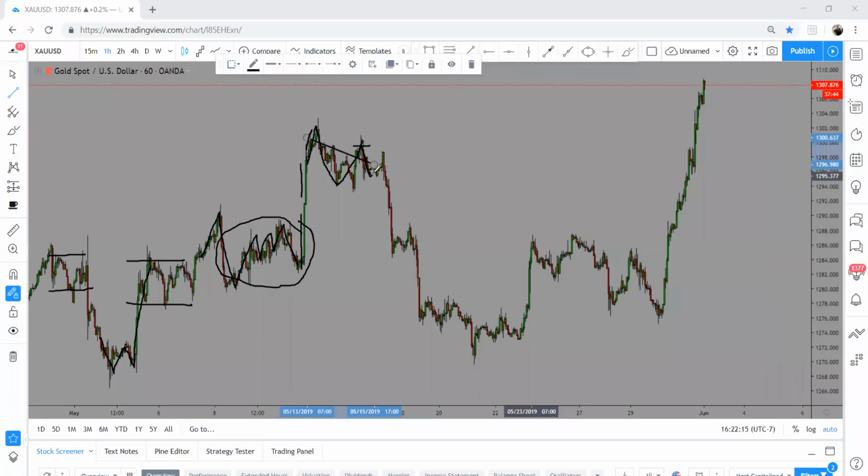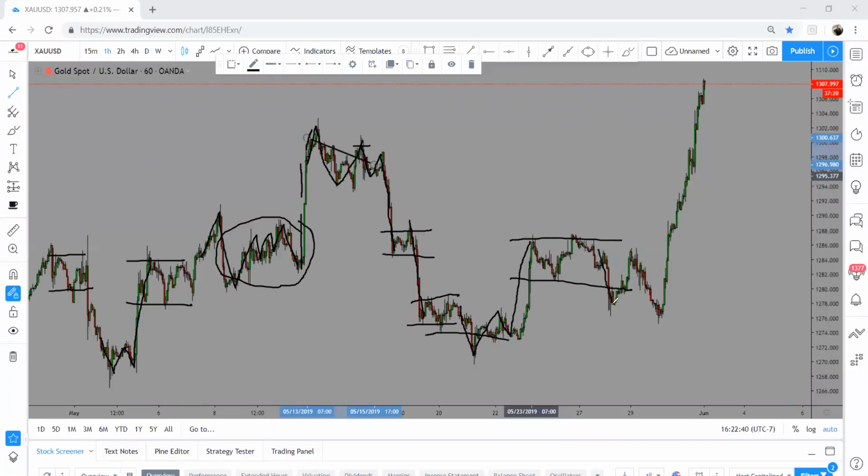So you get this right here, right? So we know it's a reversal. We get one massive push down, then a consolidation. Two massive push down, then a consolidation, then a three massive push down, and then a reversal. How do I know it's a reversal? Inverted head and shoulders. Then we push up, one right there.